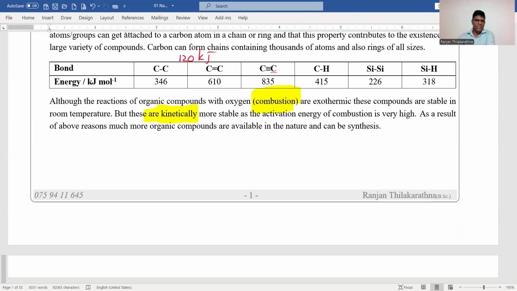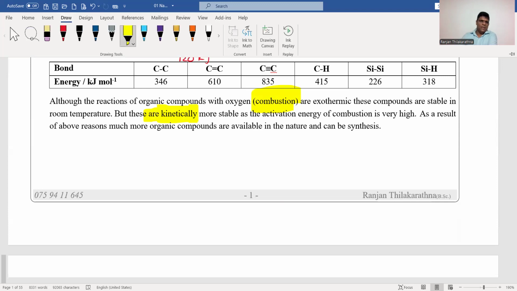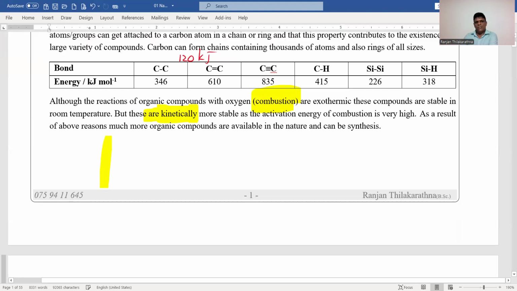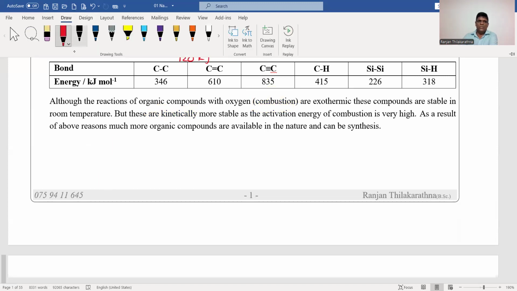Thermodynamics, thermo means heat, right? If something is stable, it is stable because it has a lesser amount of energy. If something has a higher amount of energy, it may not be stable. Why do these elements tend to form compounds?